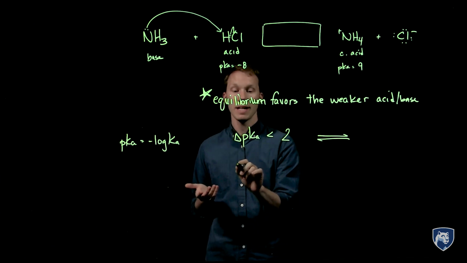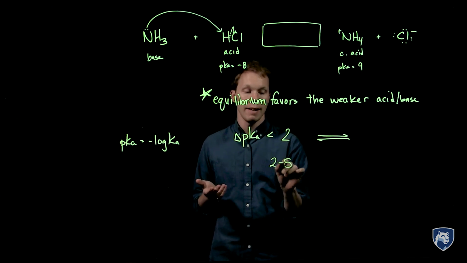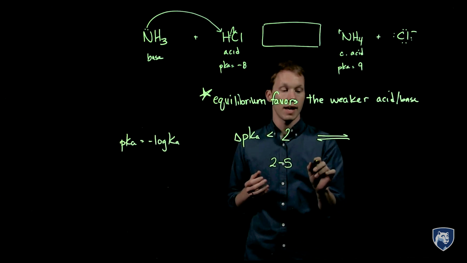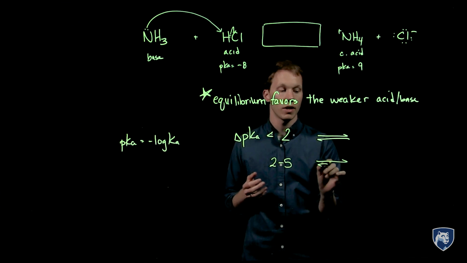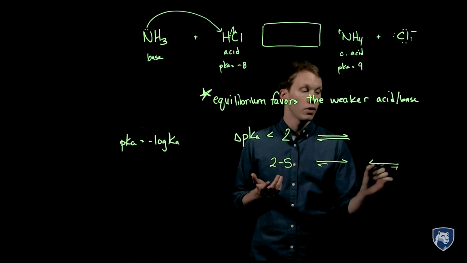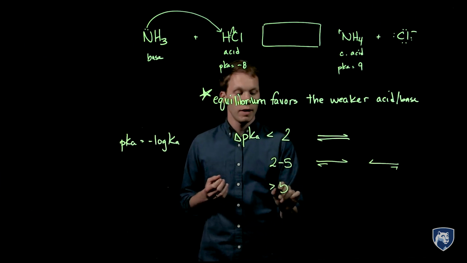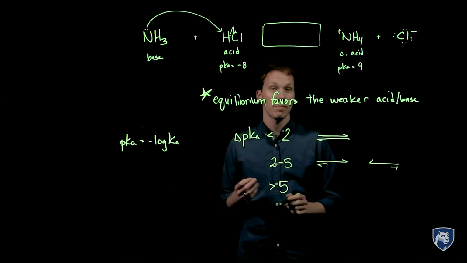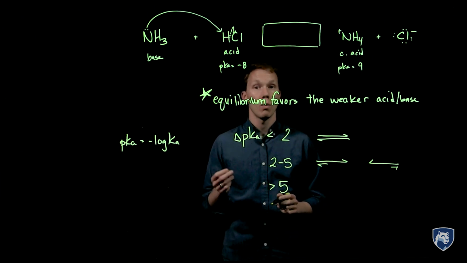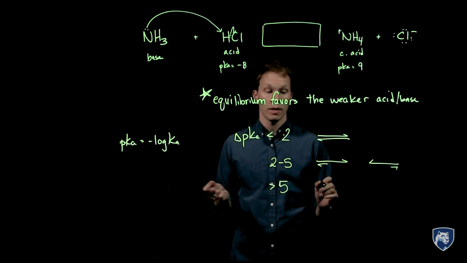Now, if our difference in pKa is between 2 and 5, then we're going to say that it's a lopsided arrow, either favoring the products or favoring the reactants, okay? And if it's greater than 5, that means it's 5 orders of magnitude or more than 100,000 times favoring the products or reactants.